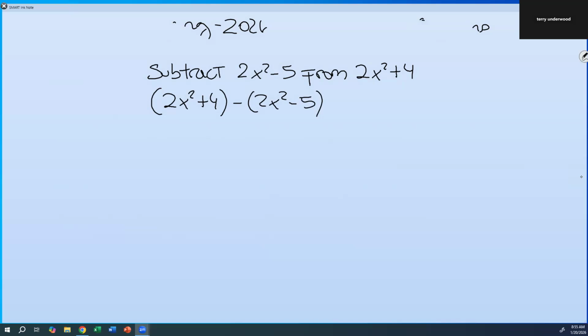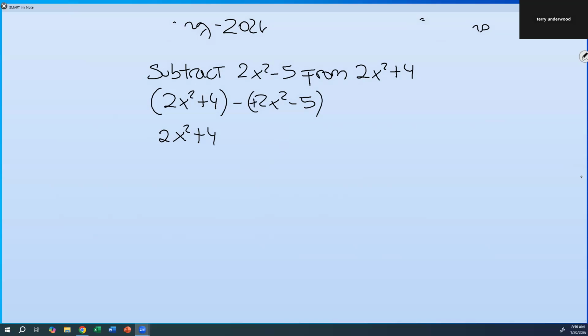Remember, in the first parenthesis, there is nothing to distribute there. So I can go and say 2x squared plus 4. But I need to distribute, multiply this negative sign in the second parenthesis. And then you have a negative times a positive 2x.